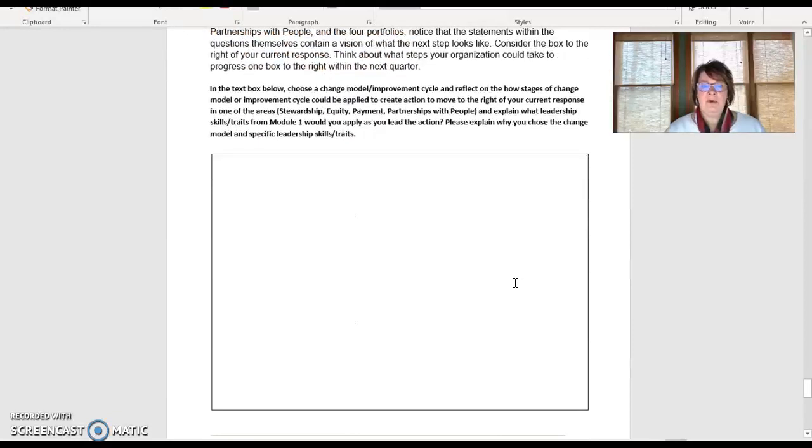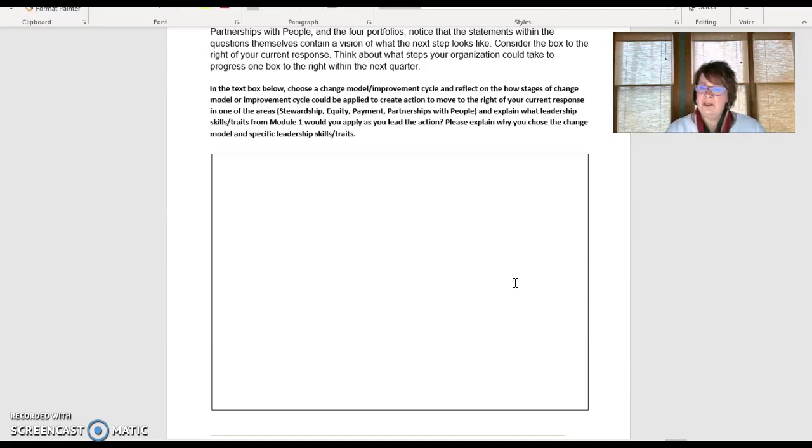And then if you would make a change specific to the findings of the compass, what change process would you use? So we're bringing in the content of the module and integrating that in the assignment as well. We're taking those pieces as far as change models and applying that in the context of doing this assessment. And again, this is not something that needs an extreme amount of time.